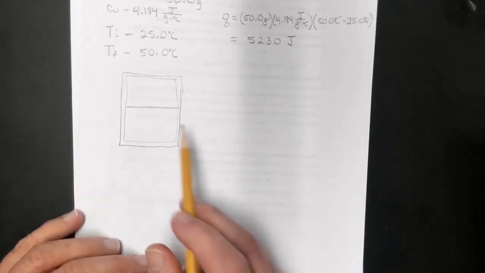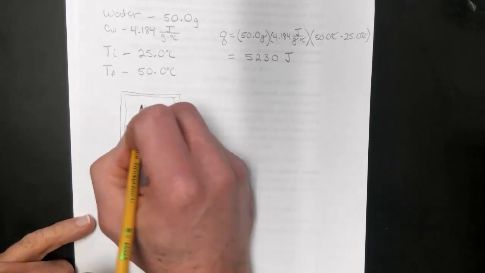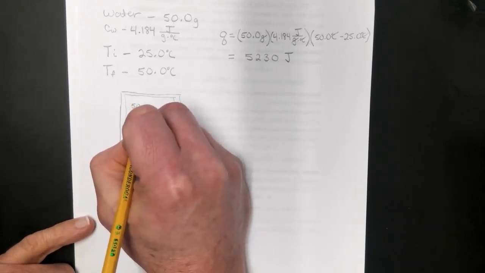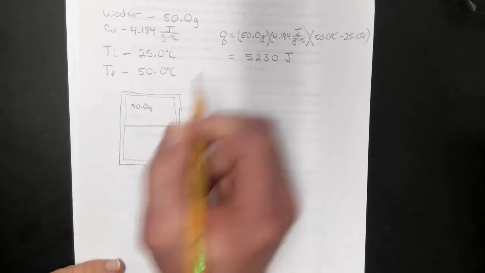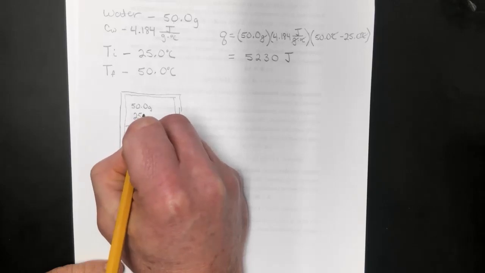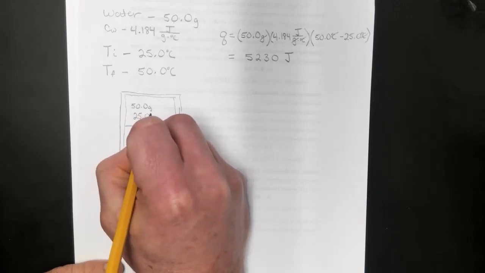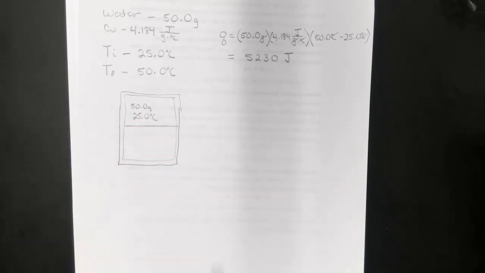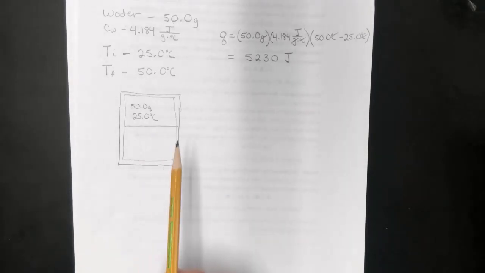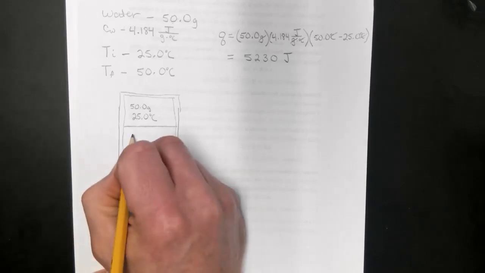And let's say in this container we have 50.0 grams of water, and it's at 25 degrees Celsius. And to this water that's at 25 degrees Celsius, we're going to add 50 grams of water that's at 75 degrees Celsius.